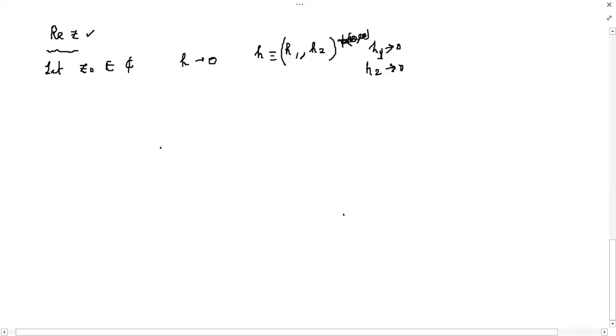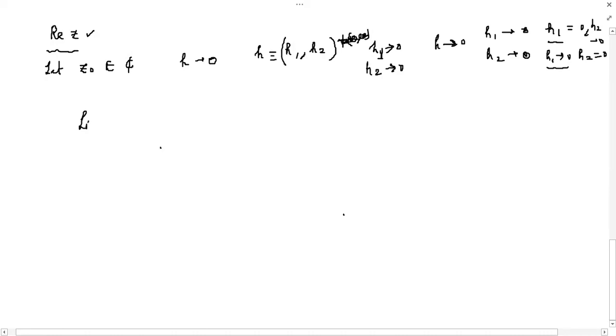So H tends to 0 implies that H1 tends to 0 and H2 tends to 0. Or you can take H1 to be completely 0 and let H2 tend to 0, or take H1 tending to 0 and H2 equal to 0. That is, you can approach along the two axes also. So let us see how things would go.